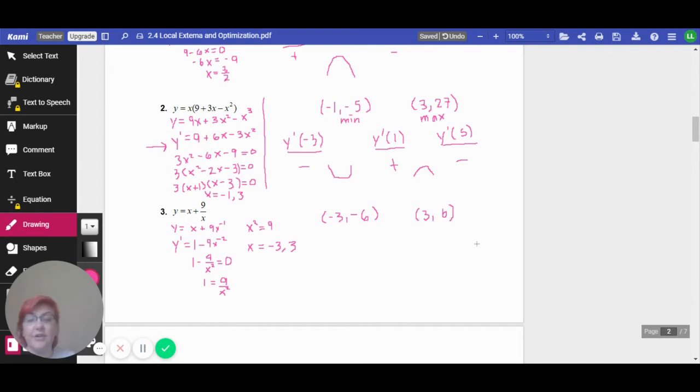Now let's figure out their nature. Do a little separation here. I'm going to use a value of x that is less than negative 3. So I'll do y prime of negative 4. Remember that I cannot use 0 because I have x on the bottom of a fraction. So my second point will be y prime, let's go with 2.